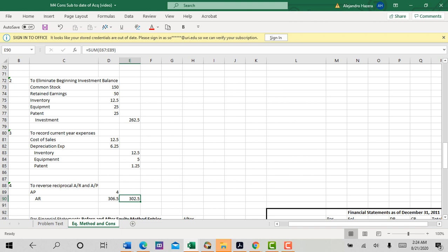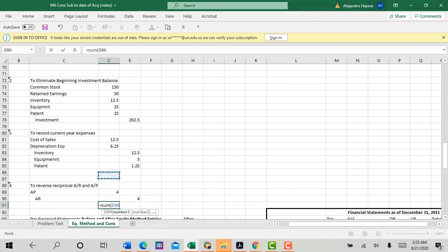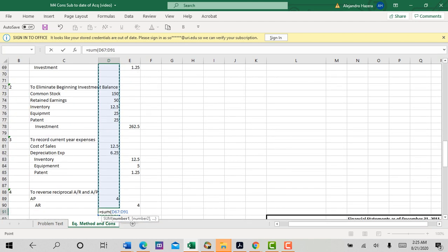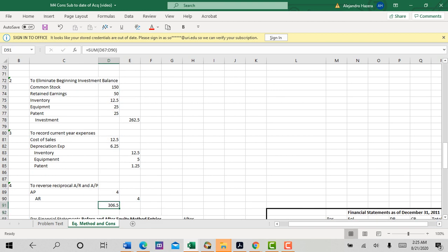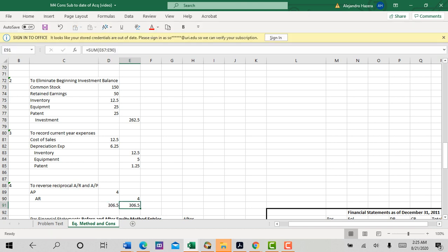Credit for 4. Wrong line. So it's equal to the sum of all the entries. These are the addition of my consolidation entries, 6.5, and we'll copy this over here to make sure these add. So our entry total should be equal to 306.5.